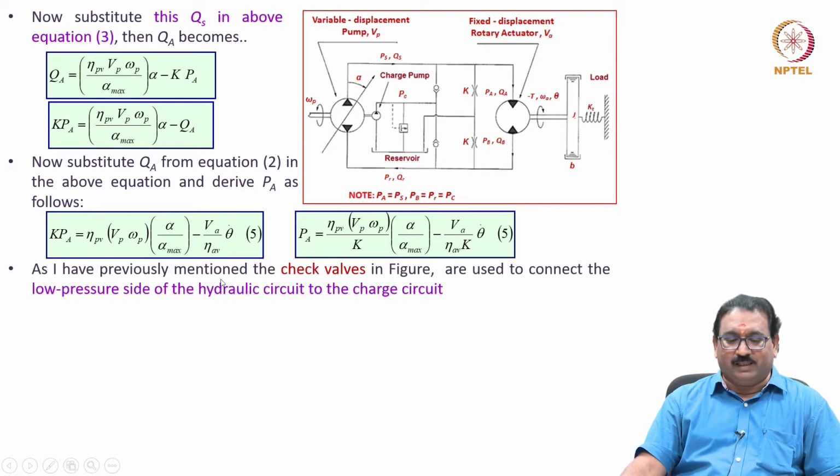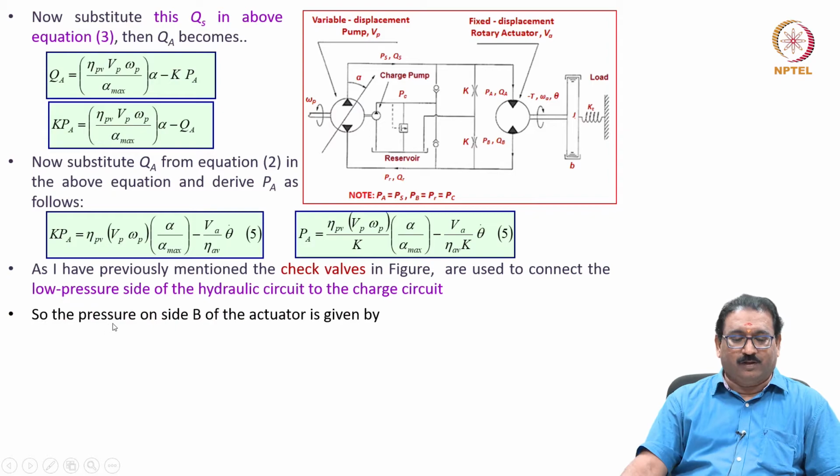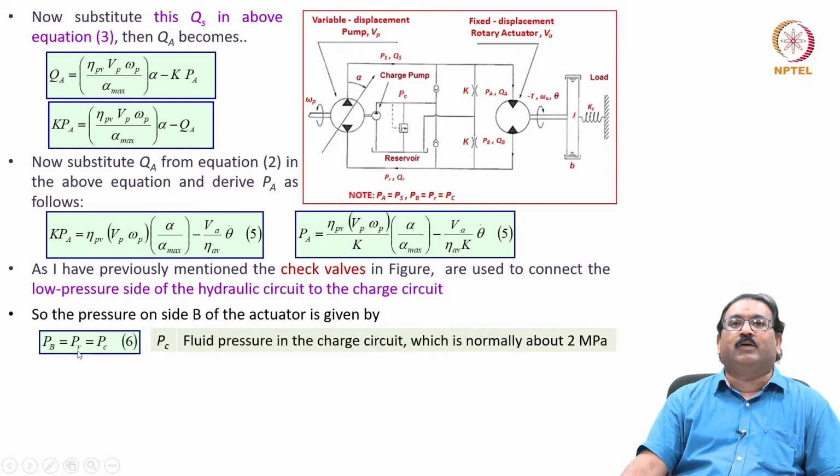As I have previously mentioned, the check valves in the figure are used to connect the low pressure side of the hydraulic circuit to the charging circuit. So, the pressure on side B of the actuator is given by PB equal to PR, that is equal to PC. The PC is the fluid pressure in the charge circuit, which is normally 2 MPa.